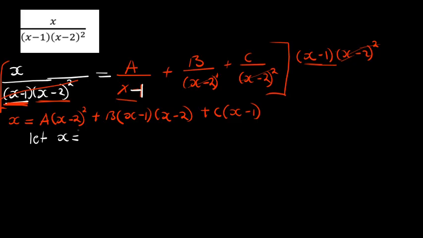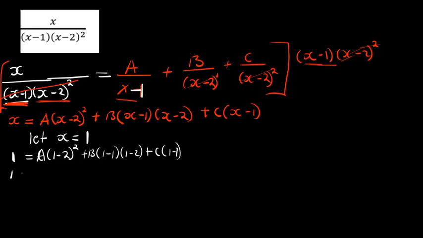What is the opposite of this? It is positive 1. So wherever there's x in this equation, I will replace it with 1. So let me start. I'll put 1 there equal to, then I have a times (1 minus 2) squared, plus b times (1 minus 1) times (1 minus 2), then plus c times (1 minus 1).